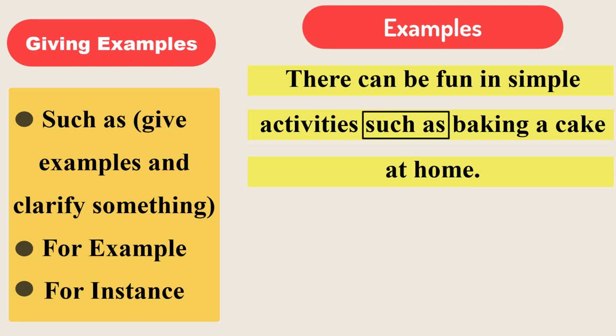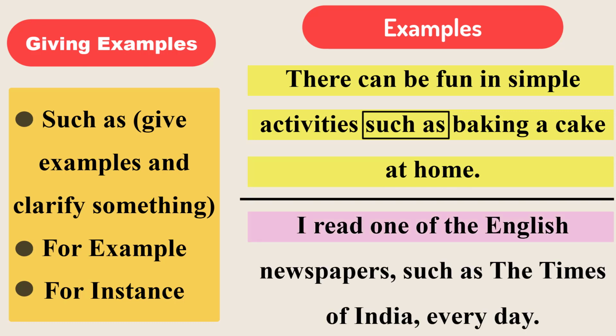Also, it is used to clarify something. But this is how it is used. I read one of the English newspapers, comma, such as the Times of India, comma, every day. Now look at the difference between the first and the second sentence, how punctuation has been used. The usual, the normal rules of punctuation apply here.